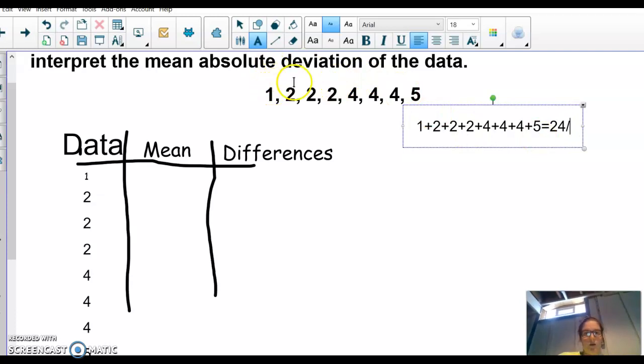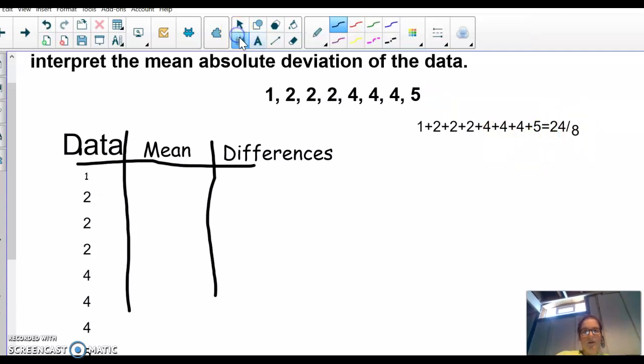So I have 1, 2, 3, 4, 5, 6, 7, 8. So I have 8. So I'm going to take 24 and divide by 8. And that gets me my answer of 3. So that's my mean. So this is your first step: figure out what your mean is. So I'm going to write the mean for all these points.